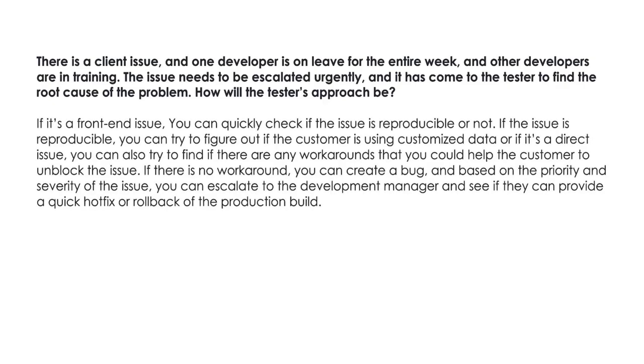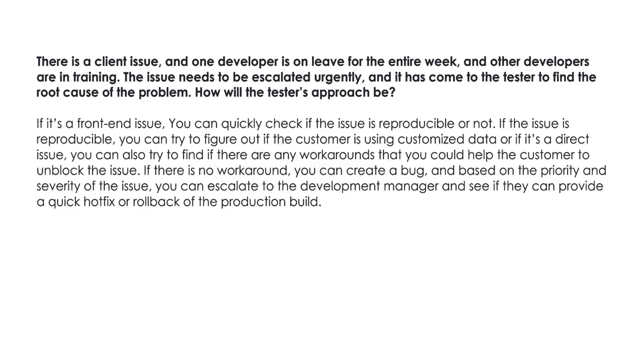If it's a front end issue, you can quickly check if the issue is reproducible or not. If the issue is reproducible, you can try to figure out if the customer is using customized data or if it's a direct issue.